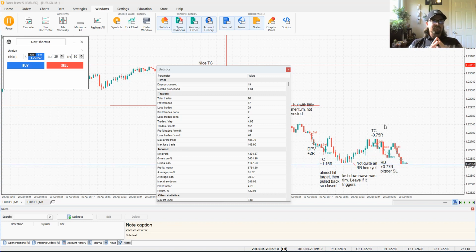Probably one of the most common problems I see, and I would say a good 70% of traders that I come across could improve their trading simply by looking at their win rate and, more importantly, their risk reward, because most people are so fixated already on their win rate. They don't like losing, so they've really lost focus on the risk reward.